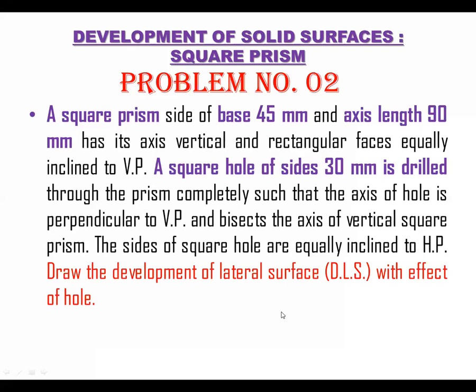That prism was cut by an AIP, that is auxiliary inclined plane, with some angle, and we developed the solid surfaces. Now in this problem, we'll solve the development of a square prism.